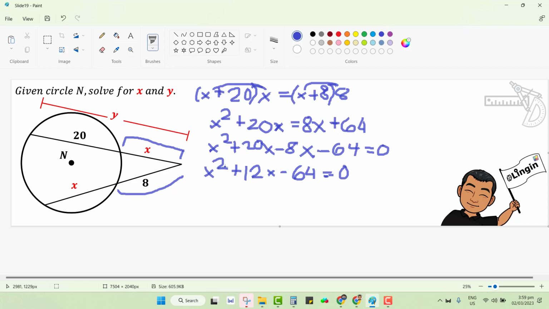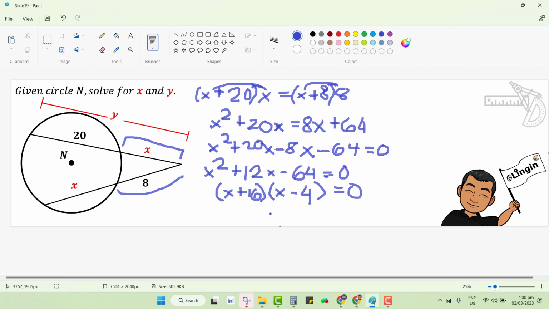And we are going to factor this out. You have two factors here, which is equal to 0. So you will have x here and x here as well. We have negative 64, factors of it that will get 12 are plus 16 and minus 4.